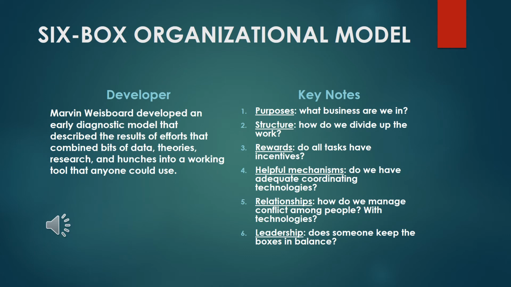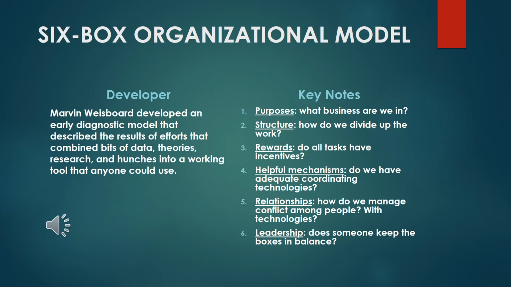The first model is the 6-box organizational model, developed by Marvin Weisbord. The model covers purpose, structure, rewards, helpful mechanisms, relationships, and leadership. Those are the questions within the model. You can write them down on a gigantic whiteboard, or you can incorporate your organizational team members, or you can walk around with subordinates or workers within the organization to help answer these questions.